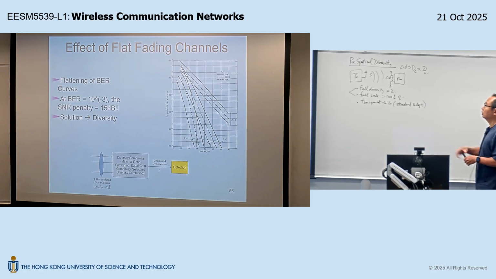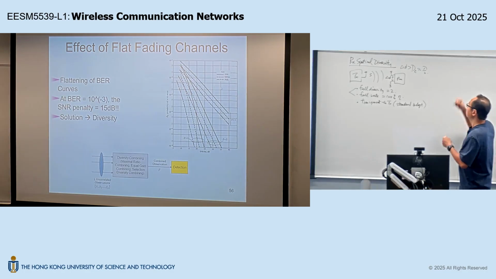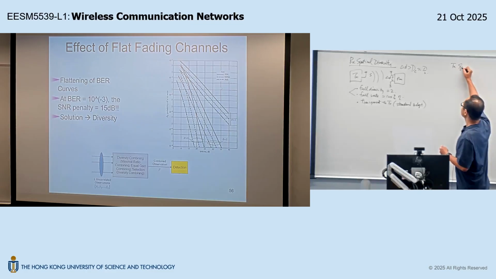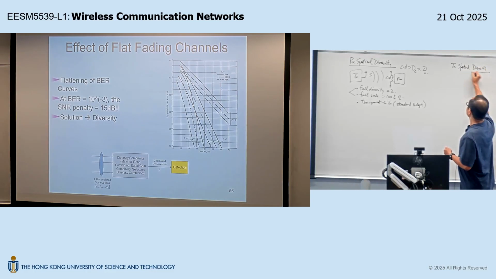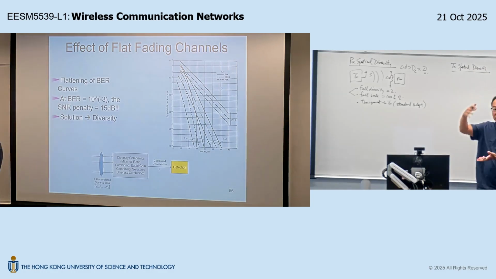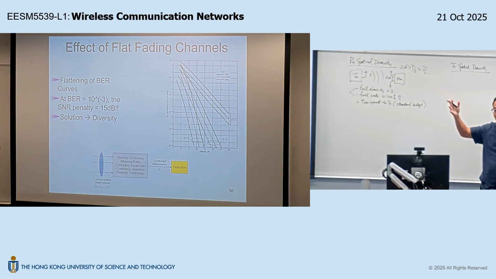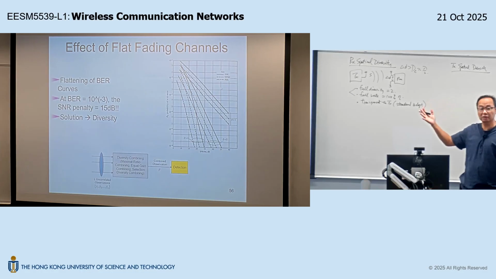Therefore, people started to think about another topology. What about transmit spatial diversity? With transmit spatial diversity, the idea is to install multiple antennas on the transmitter side. Because people believed that the transmitter, let's say the base station, is much bigger, and you have more space to install more independent antennas, right?